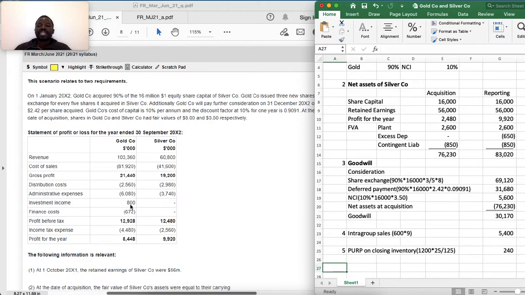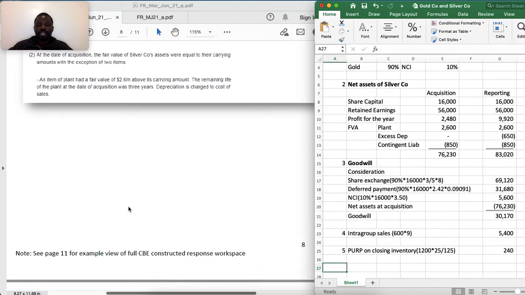The dividends, they mustn't feature in any way in the consolidated financial statements, and also in the statement of profit or loss. The dividends received from the associate are used to calculate the associate figure in the statement of financial position, so they do not feature in the statement of profit or loss.